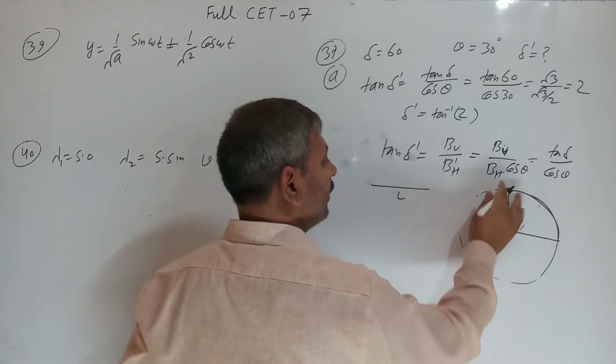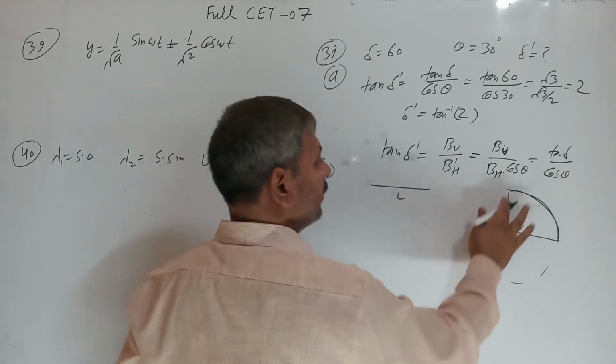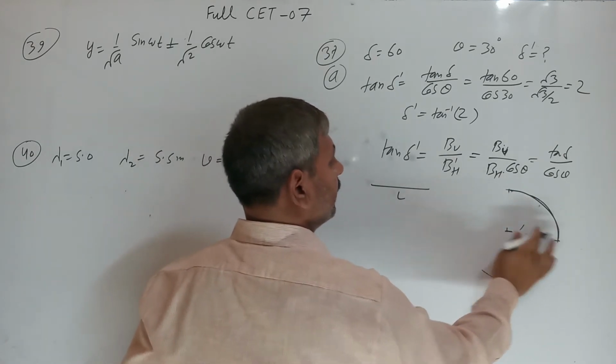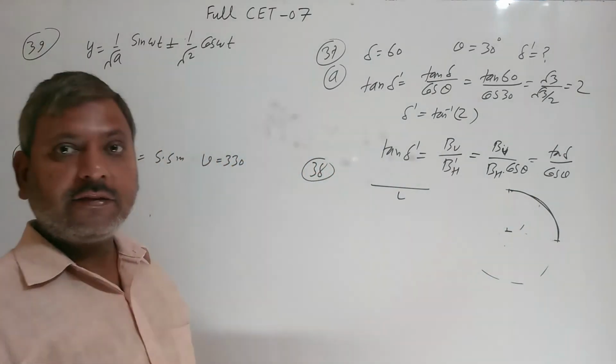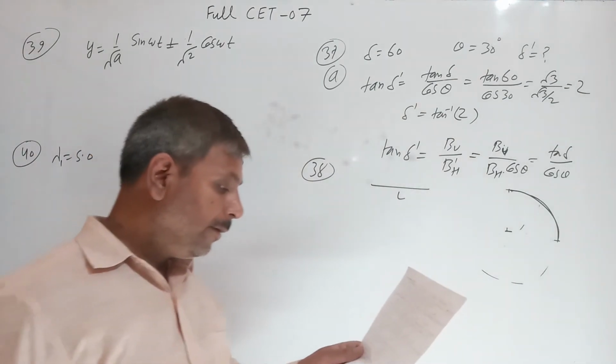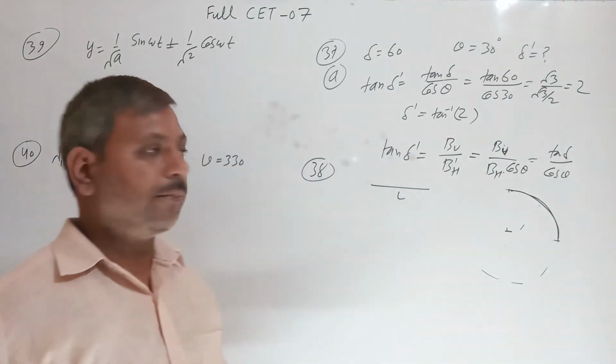Only this length L is converted into this form. So what will be the new magnetic moment?